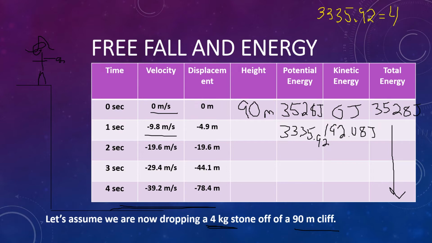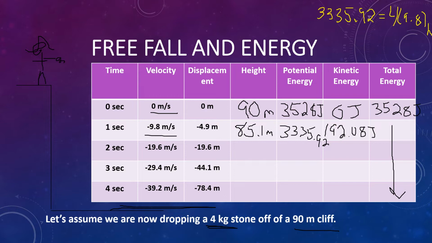I have every bit of confidence that we know how to go ahead and divide by that. And we should be getting a height of 85.1. So we could work backwards like that.